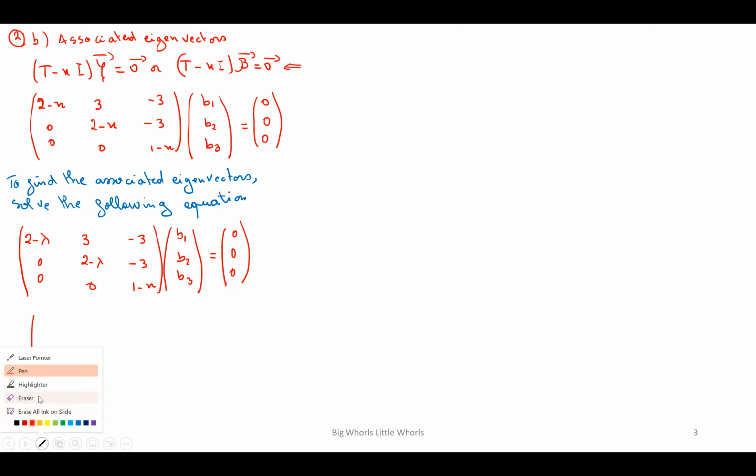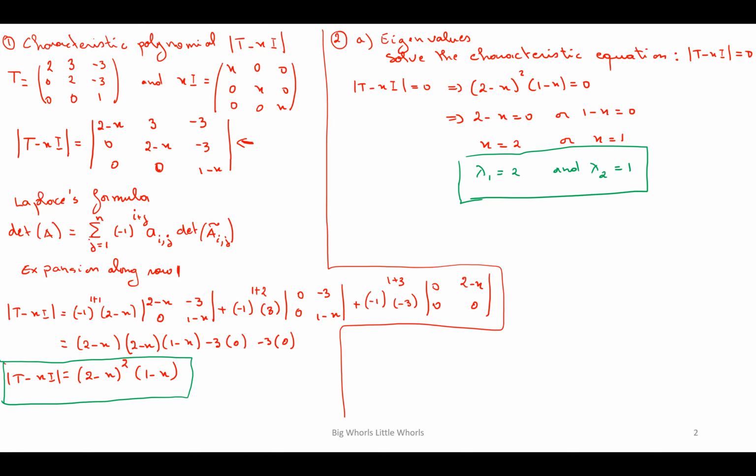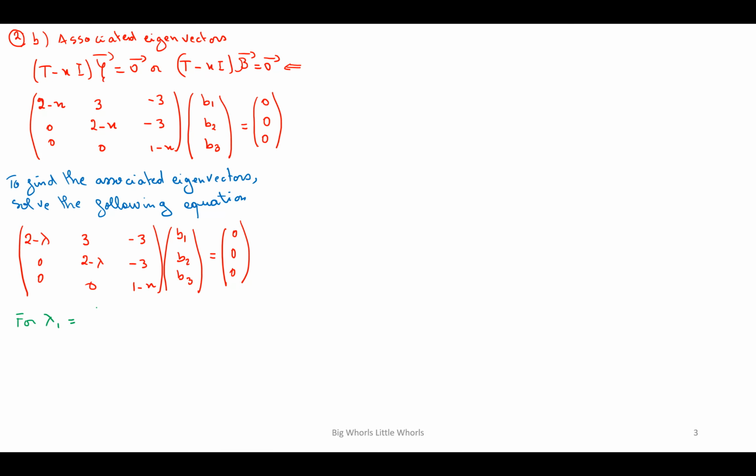We have two values for lambda. If you remember, we have two eigenvalues. Lambda 1 is 2, lambda 2 is 1. I know I should probably say lambda 1 is 1, lambda 2 is 2, but it doesn't matter. Lambda 1 equals 2.